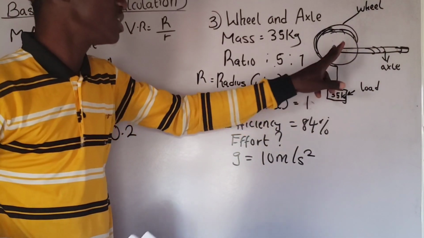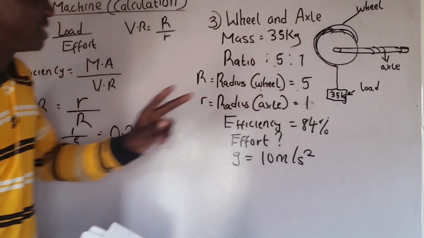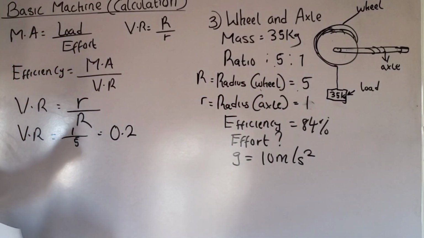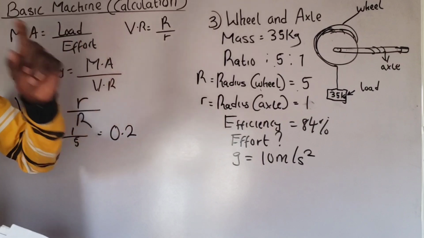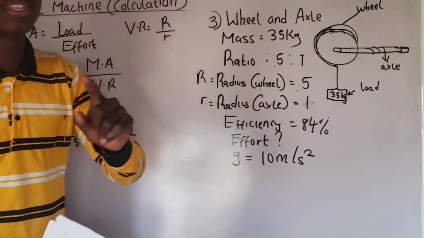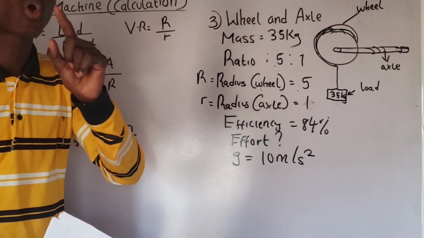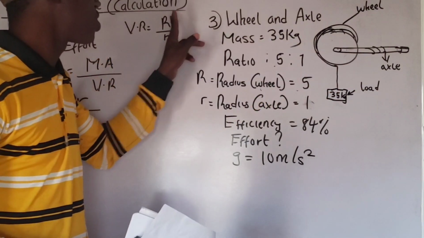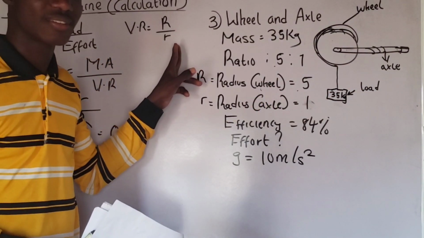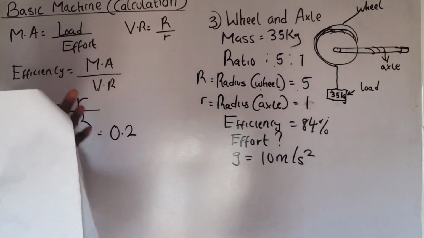If the load is on the wheel, then the velocity ratio will be the radius of the axle all over the radius of the wheel. If the load is on the axle, the velocity ratio will be the radius of the wheel all over the radius of the axle. You understand? So you have to be able to differentiate it.